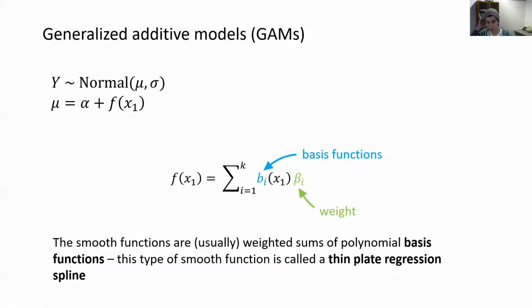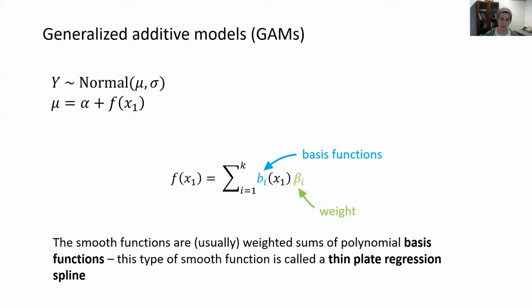But it seems like a bit of a stretch to say this is still a linear model, right? Well, the key here to keeping these apparently very nonlinear models linear under the hood is how these smoothers work. Each smoother is a linear combination or sum of k basis functions multiplied by some weight that is assigned to each basis function.